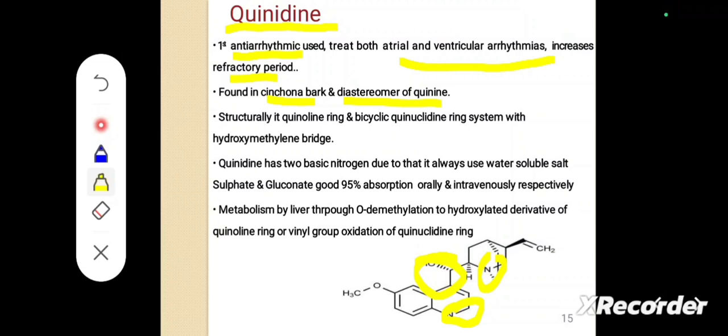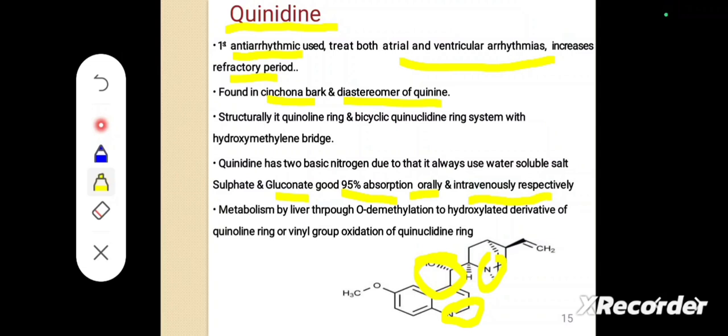Due to the basicity of quinidine, it is always used as a water soluble salt, that is sulfate and gluconate. The sulfate salt has 95% absorption orally, and the gluconate salt is given intravenously, with higher bioavailability or absorption.